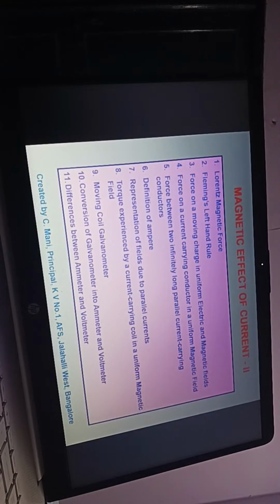Definition of 1 ampere. Sir, 1 ampere is the amount of force required to move.